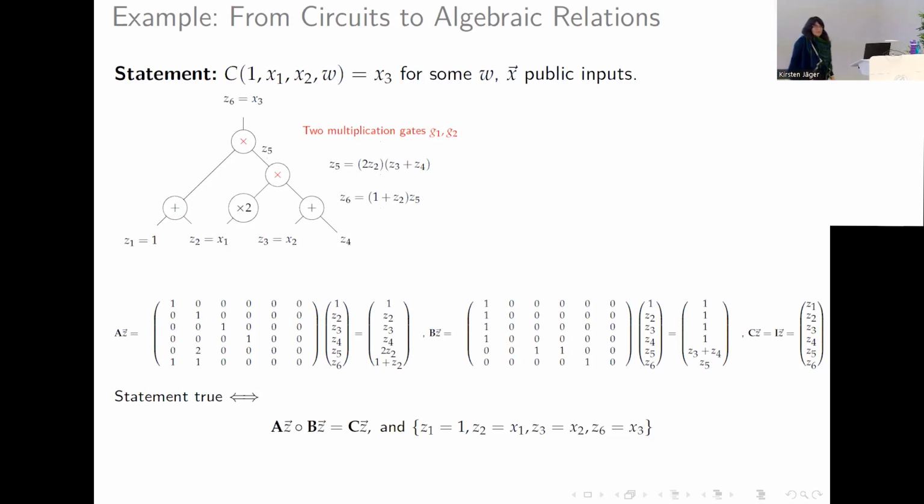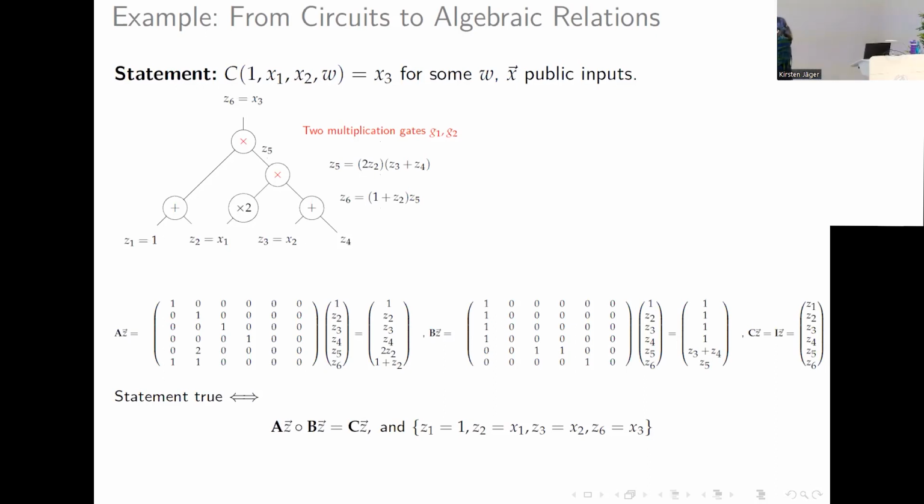Okay. Anyway, the thing I want to highlight here is that if you do this rewriting, first, these matrices that describe the computation are public. They are part of how you describe the circuit that you want to do. You can derive them from the description of the circuit.